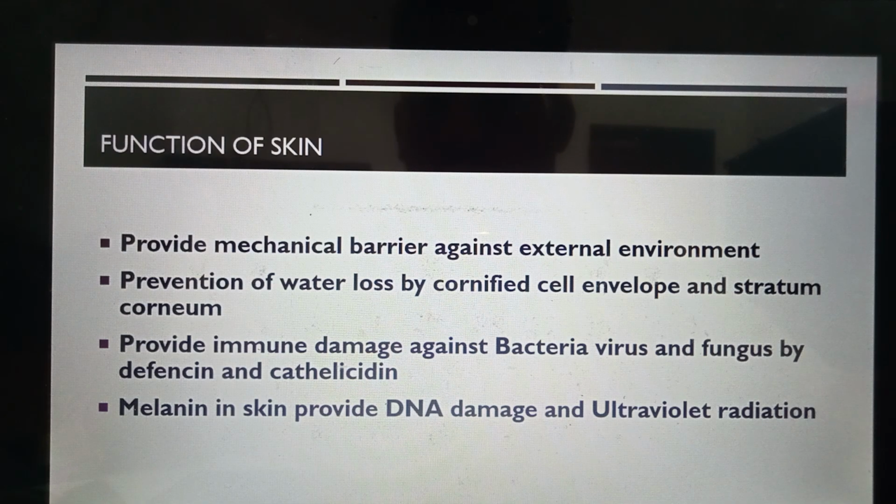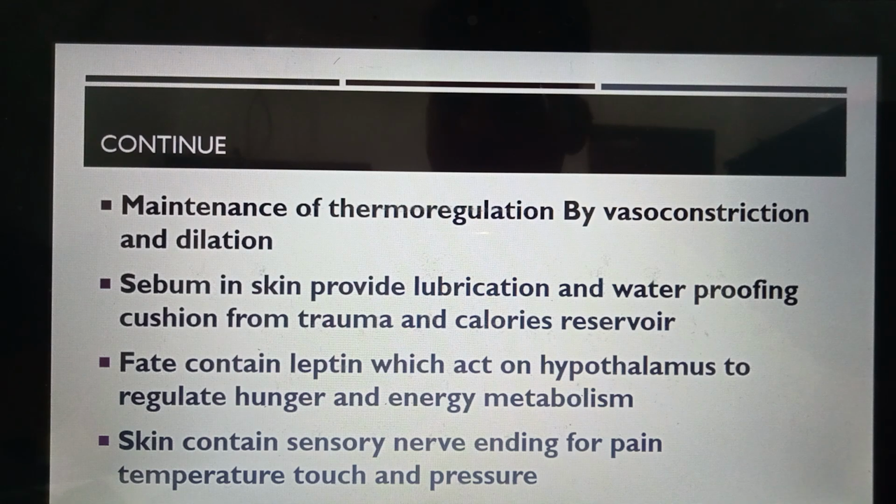Skin also contains melanin, which protects us from DNA damage and ultraviolet radiation. Maintenance of thermoregulation is one of the important functions of skin. It is performed by vasoconstriction and vasodilation.